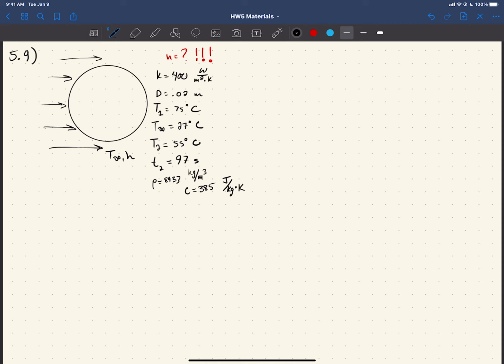A thermocouple on the outer surface of the sphere indicates 55 degrees Celsius 97 seconds after the sphere is inserted into the hydrogen. Assume and then justify that the sphere behaves as a space-wise isothermal object and calculate the heat transfer coefficient. So what that's saying is you're assuming that this Biot number is less than 0.1.